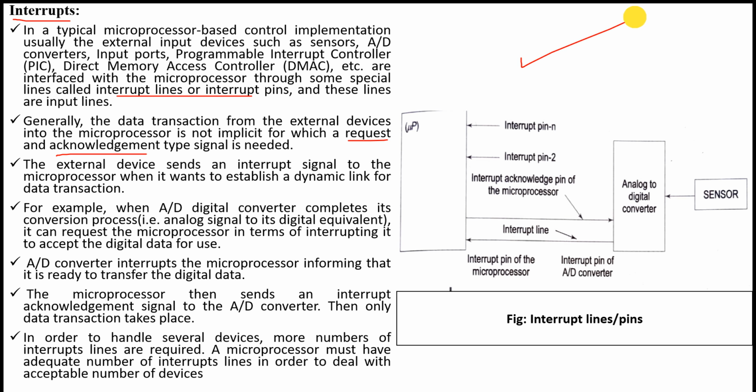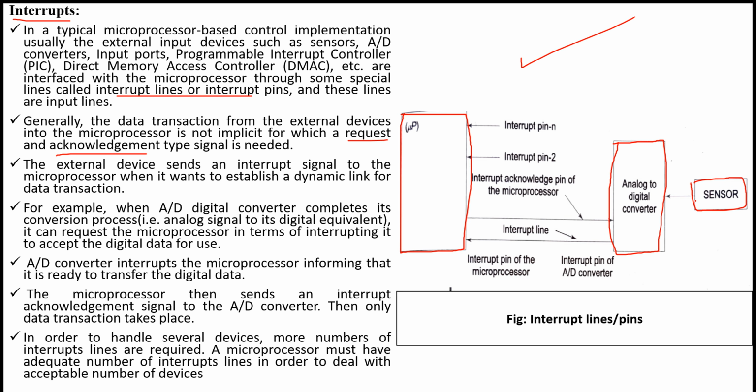Here in this figure, this is the microprocessor unit. This one is analog to digital converter. This one is sensor. Why do we require this analog to digital converter?